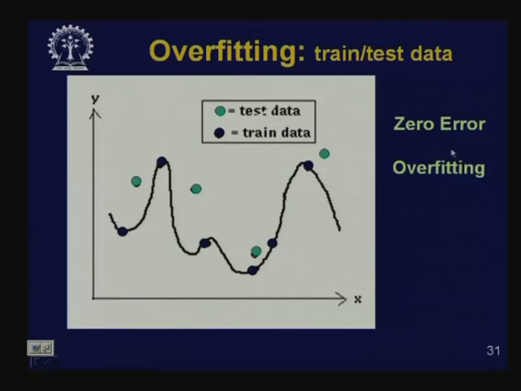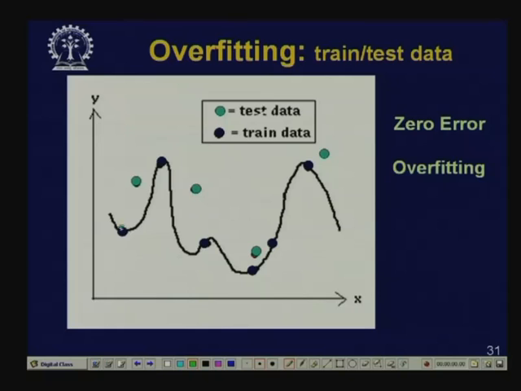This is an example to illustrate overfitting. These black things here are the training examples, and you see that the curve that you have got fits all the training examples. The green balls are the test data, and you see this curve does not fit the test data very well.